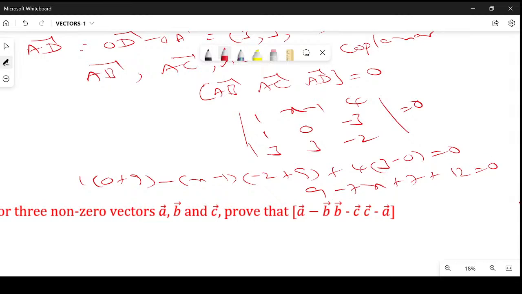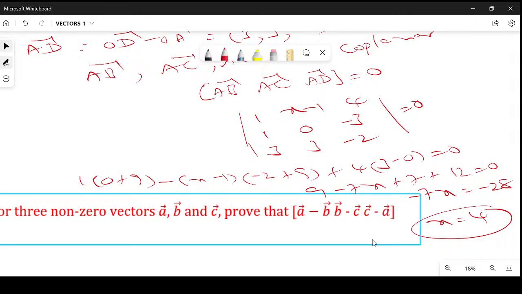So minus 7x equal to minus 28. X is equal to 4. That is the required answer. Important model, an expected question.